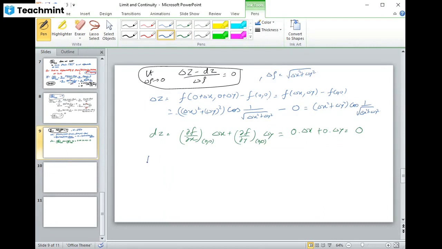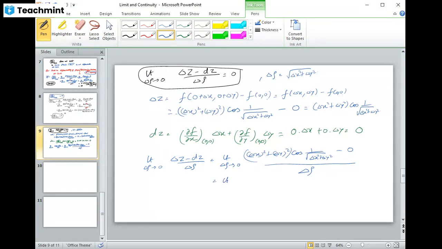So if I consider limit delta rho tends to 0, delta z minus dz upon delta rho, this is equal to limit delta rho tends to 0, delta z, whose value is delta x square plus delta y square into cos of 1 upon square root of delta x square plus delta y square, minus dz, which is 0, upon delta rho. Also, delta x square plus delta y square is delta rho square, because this is how we have defined delta rho.